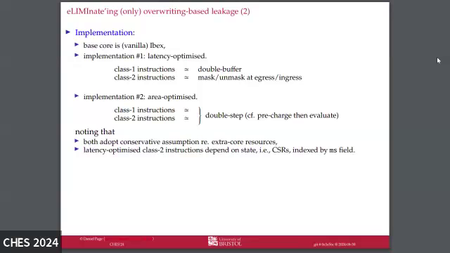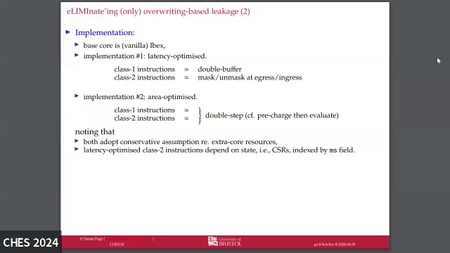If I describe the area optimized one first, I think this is extremely straightforward. The idea here is that both classes of instruction are executed by taking a double-step approach. Double-step in the sense that the first step will try to pre-zero or flush the resource that might be overwritten and cause us problems.